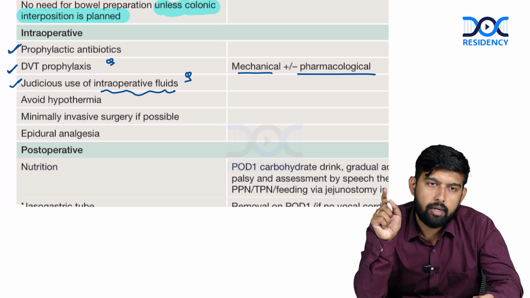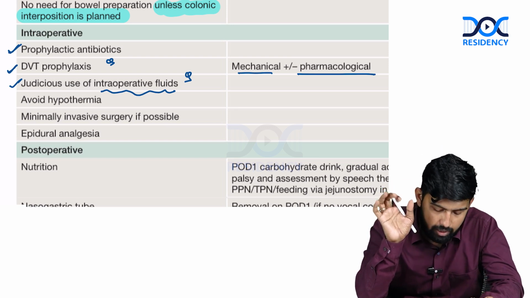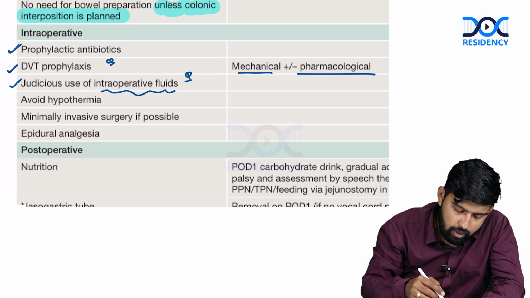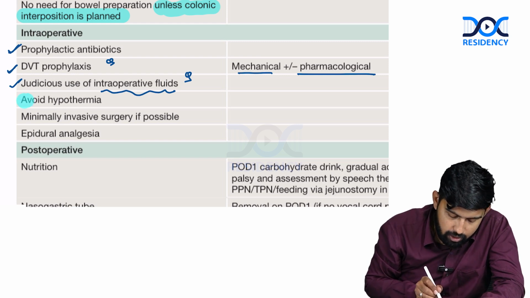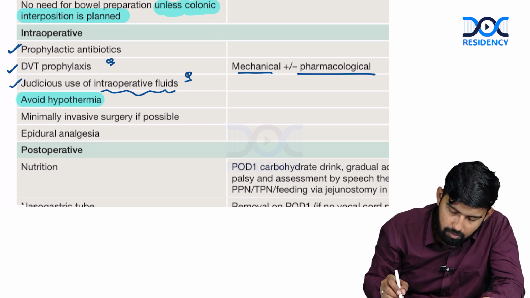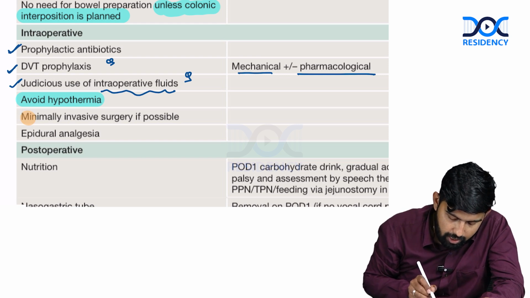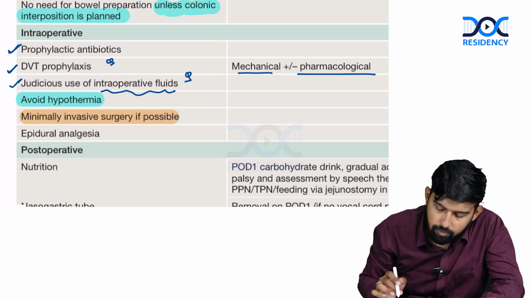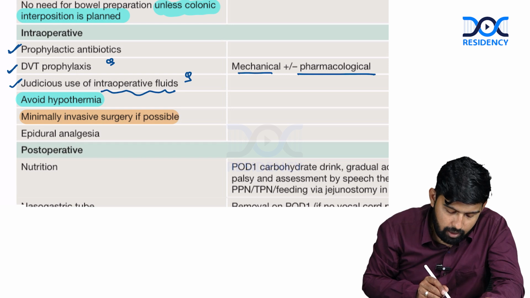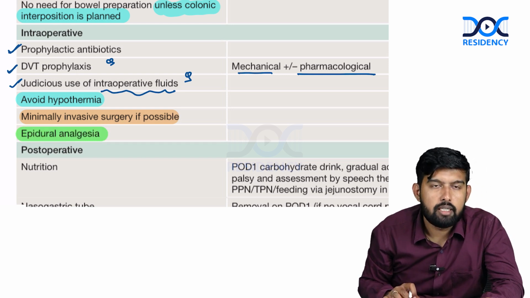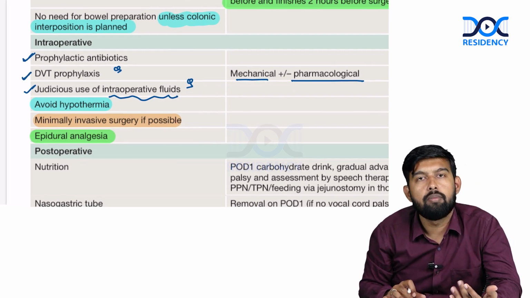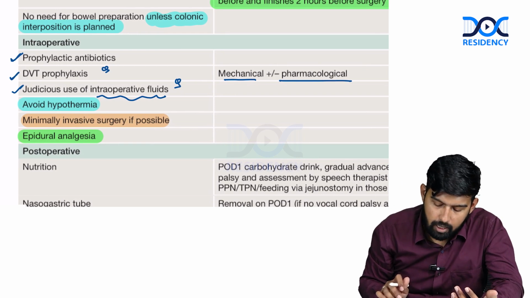We should avoid hypothermia during the intraoperative period, and minimally invasive surgery should be done if possible. And pain control is by epidural anesthesia. So these are the intraoperative components of the ERAS protocols.